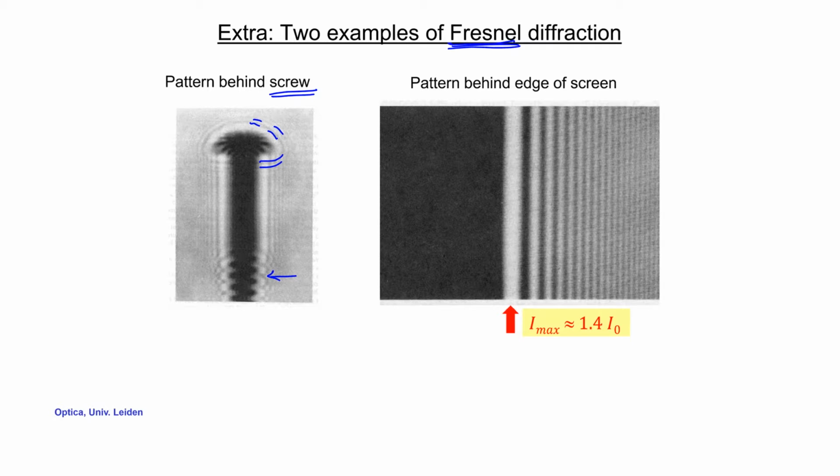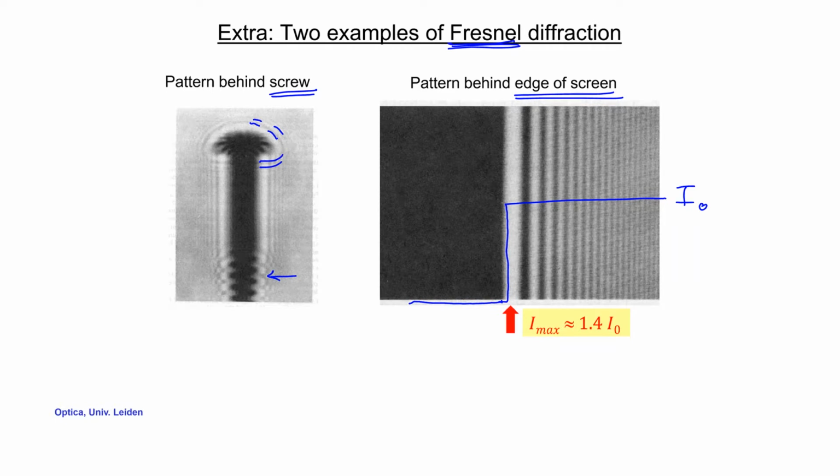On the right side, you see the diffraction pattern behind an edge in the screen. So you have a screen that blocks the light, and so you would naively expect no light at the point where the screen blocks and uniform intensity at the point where the screen transmits, where there is no screen.